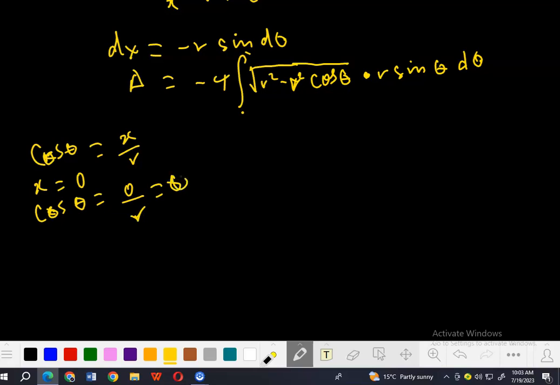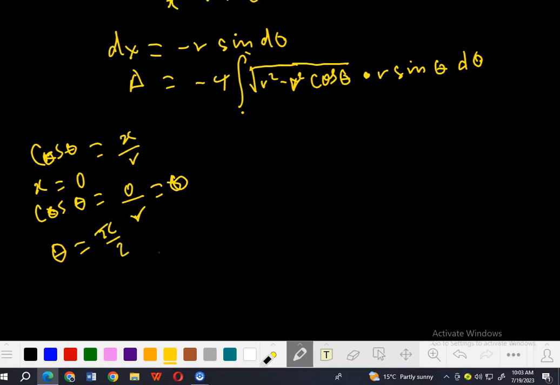So we find the cosine of what angle is 0. The cosine of what angle is 0 is simply going to be theta, which is equal to pi over 2.